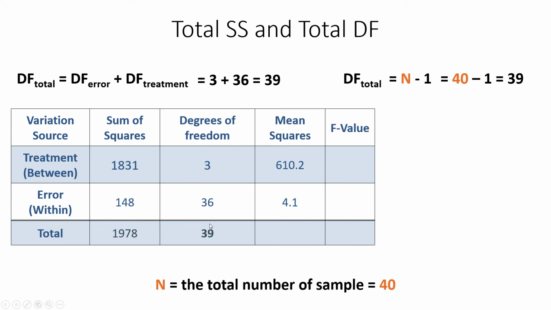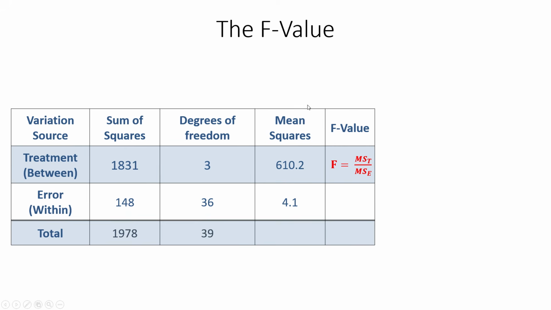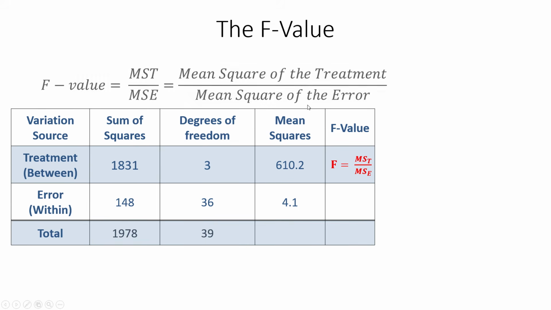Now that we have all this information, we can calculate the F value for this particular experiment. Now remember, your F value, or your F statistic, is the mean square of the treatment divided by the mean square of the error. And so for us, we can take 610.2 divided by 4.1, and we can calculate an F value of 148.8, okay?